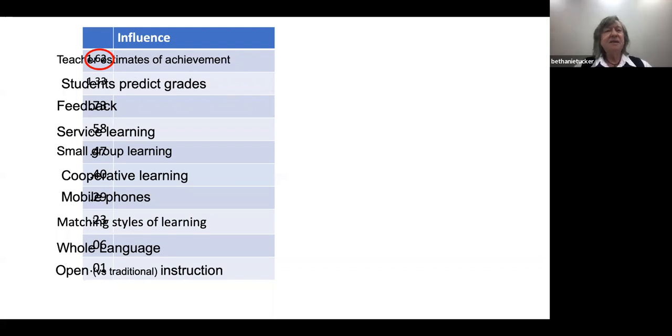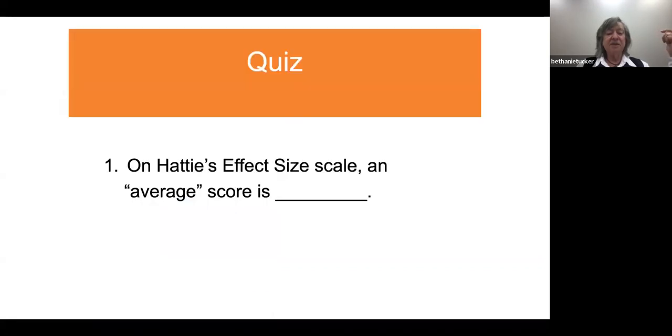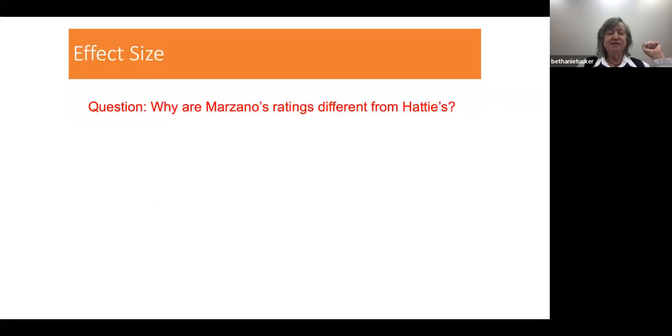And this doesn't mean that the teacher estimates how well their students do. It means that they estimate how well they themselves have done. And that's the absolute highest. So on Hattie's effect size scale, what is the average score? If you said it is 0.40, you are absolutely right.